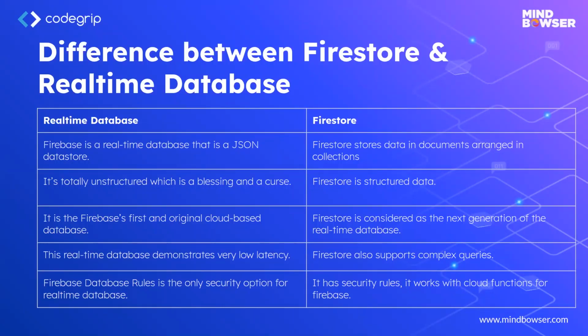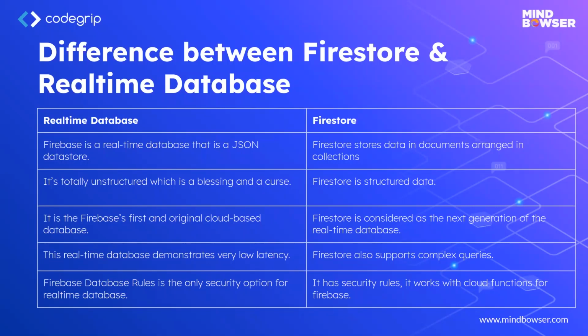Real-time DB is an unstructured database in a tree format, and Firestore is structured data because it is presented in document format, so it is easy to access. Real-time DB is the original database provided by Firebase, but Firestore is the next generation, or you can call it the successor of the real-time DB.